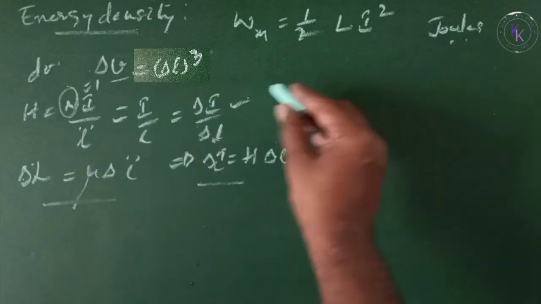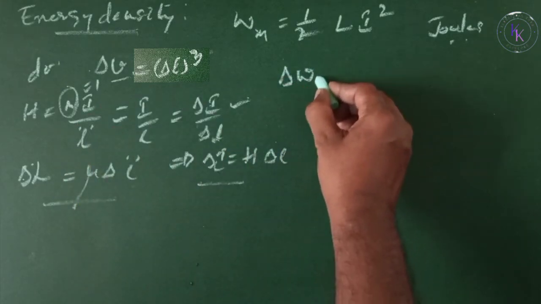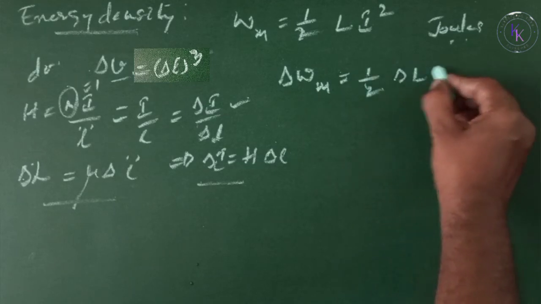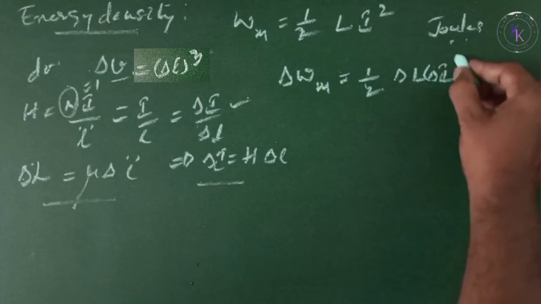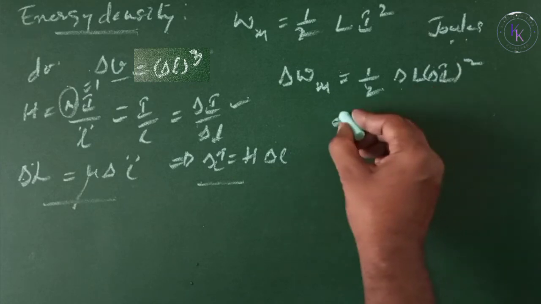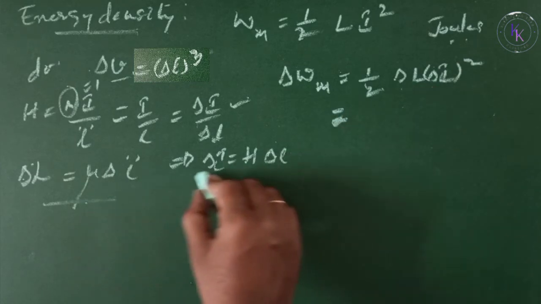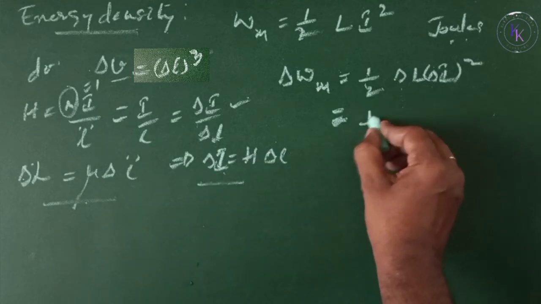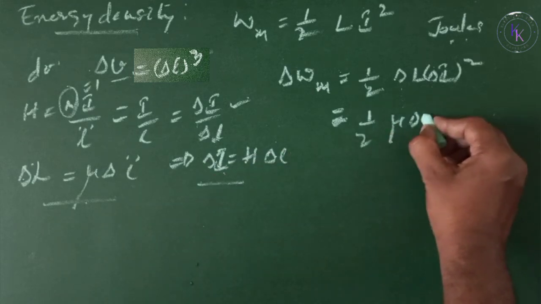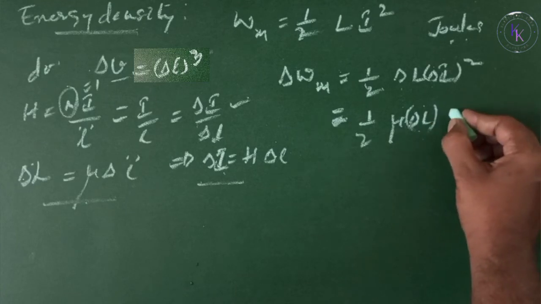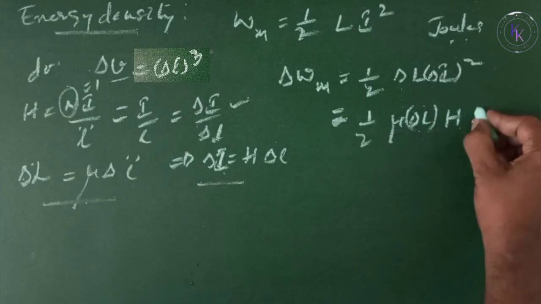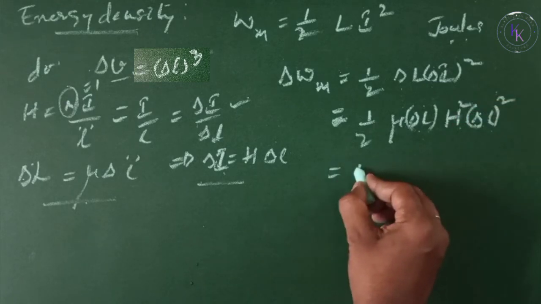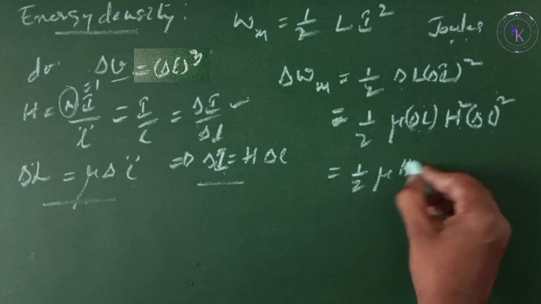For our elementary volume, the elementary work done, delta Wm, is given by half delta L delta i whole square. Now substitute the values of delta L and delta i from these two equations. Then you get half mu delta l, where l is the length, times delta i, which is H delta l, whole square, so half mu H square.